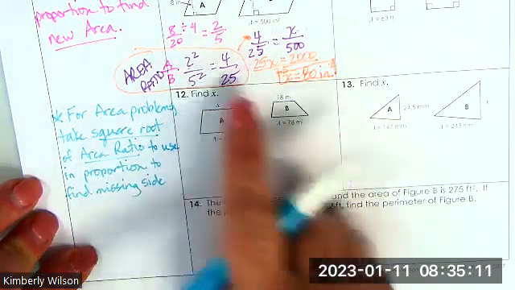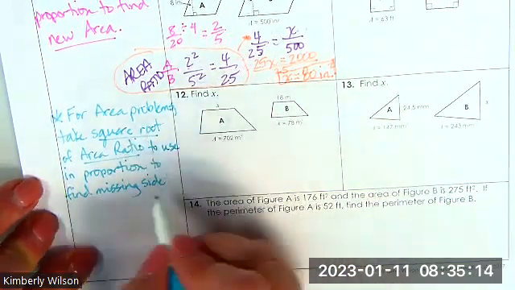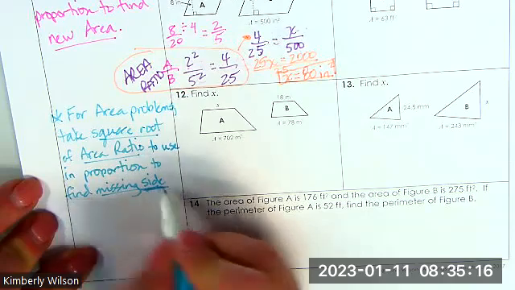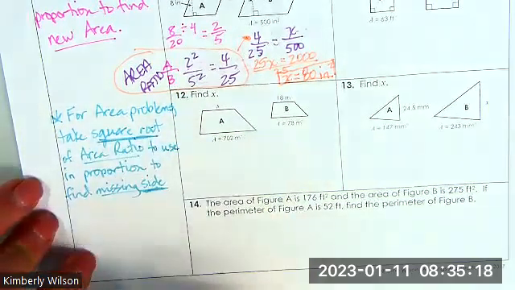It's because I'm trying to find a side, that's why I have to take the square root. Because it is a missing side, that's why we have to take the square root.